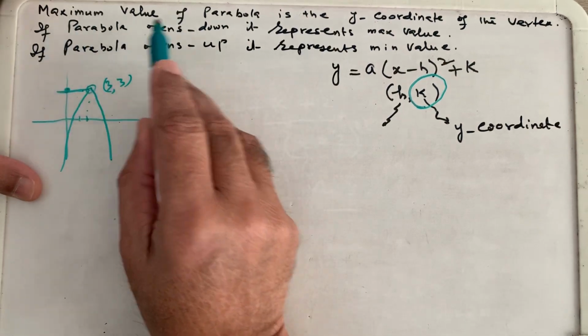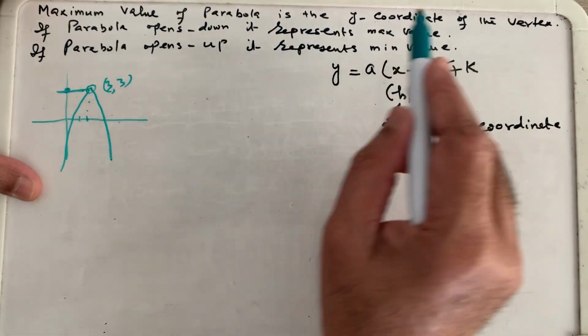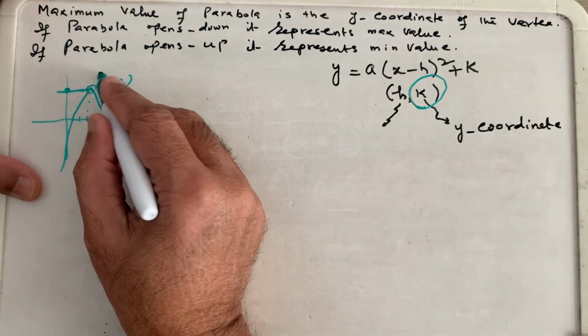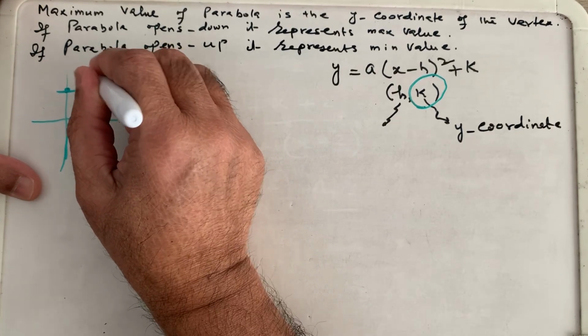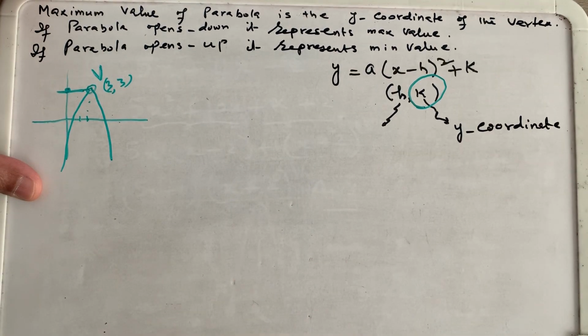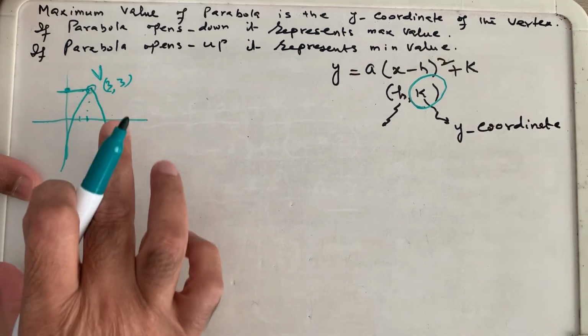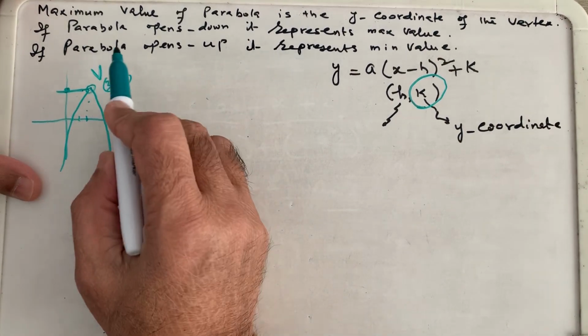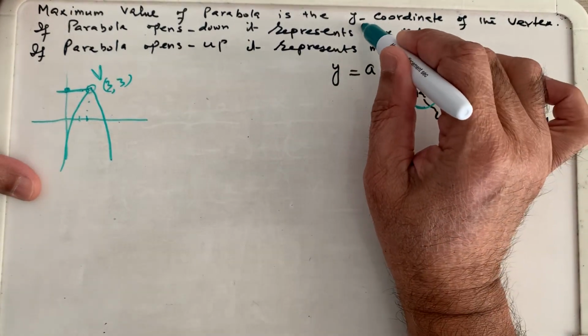So if the parabola opens down, it represents the maximum value. This vertex represents the maximum value, up to what level this graph can go. It represents the y coordinate. This is just an example to understand why it represents the maximum value.